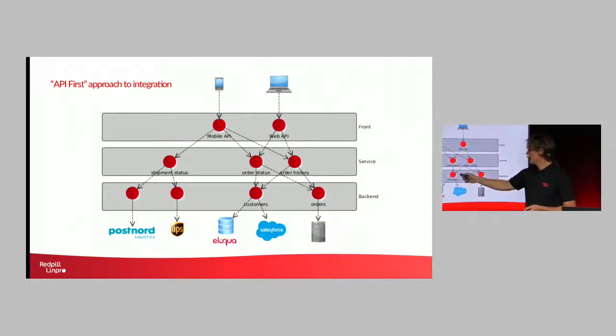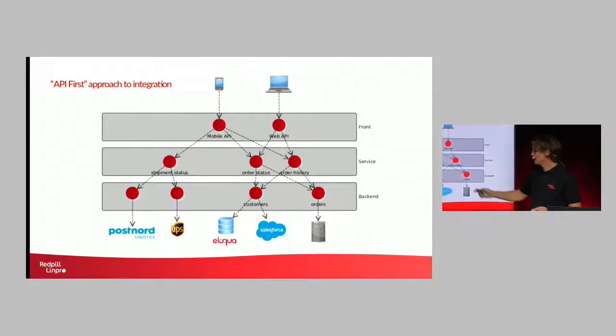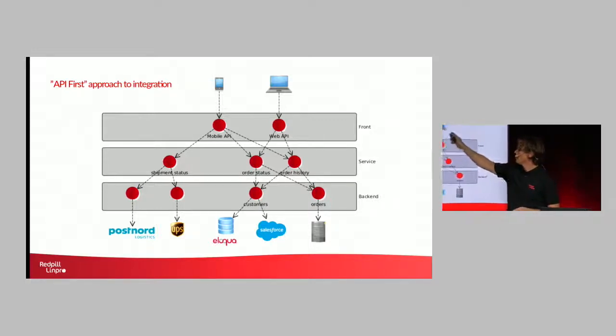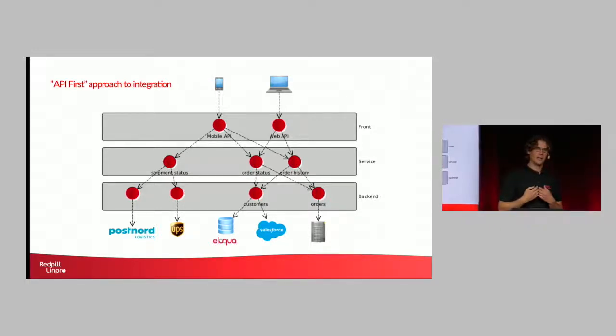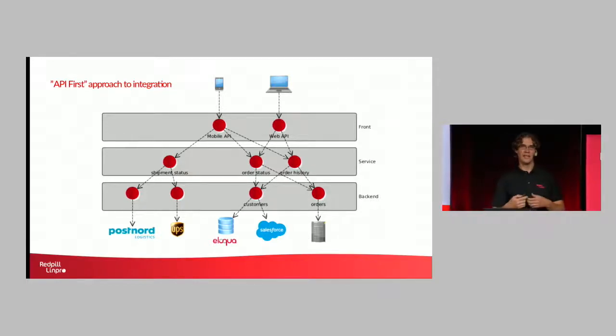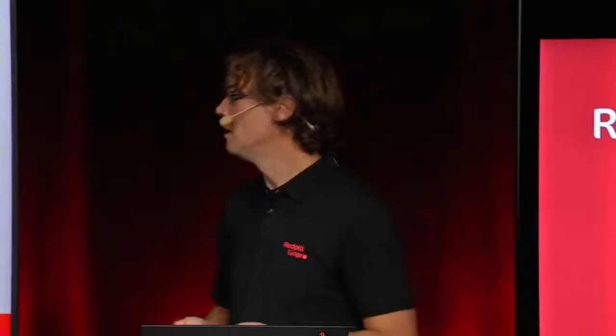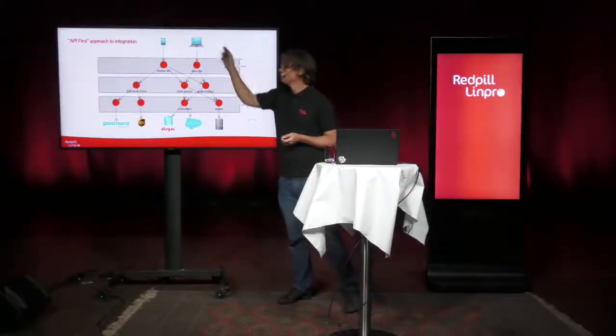Those communicate with these backend systems. And on top of that, we build the front API, which is the API that exposes the data in a unified manner towards the consuming system. In our case, the web frontend.